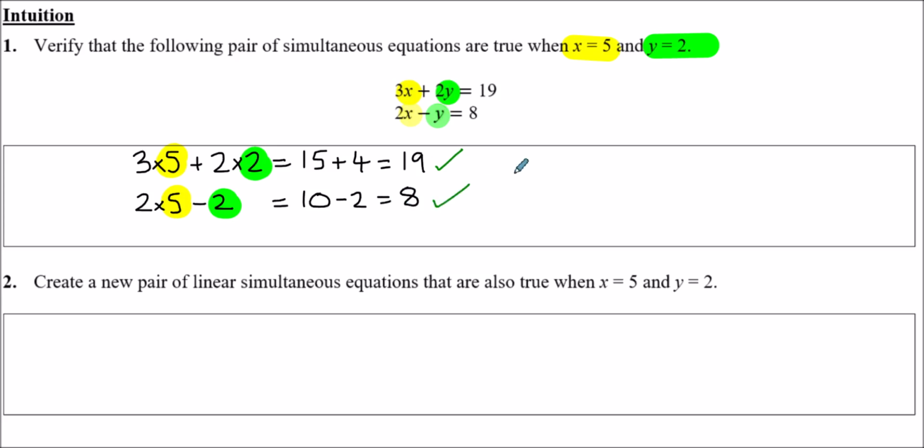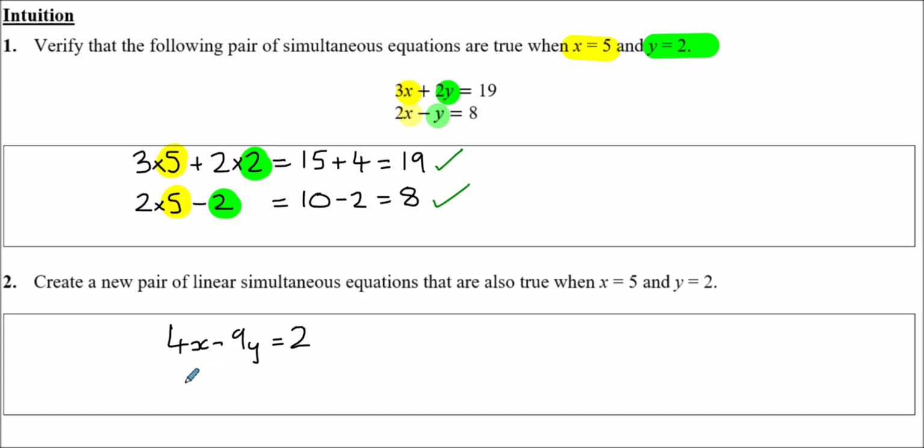For part 2, we need to create a new pair of linear simultaneous equations that are also true when x is 5 and y is 2. So, to be honest, you can make up anything you want. What I've made up here, let's go for 4x. So 4x would be 20. Then if I took away 9 lots of y, I'd be taking away 9 times 2, which is 18. So 20 take away 18 would be 2.